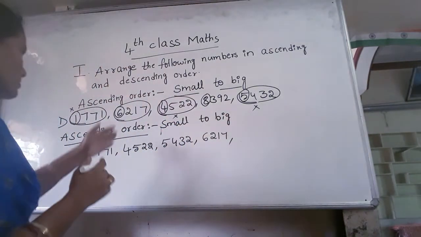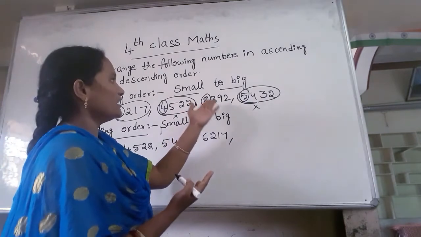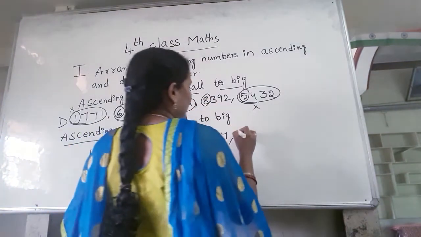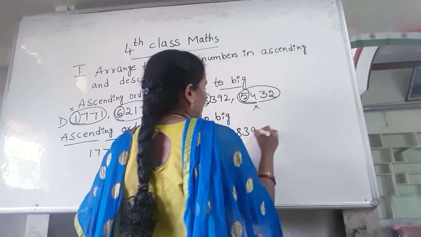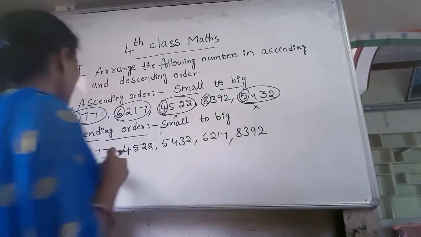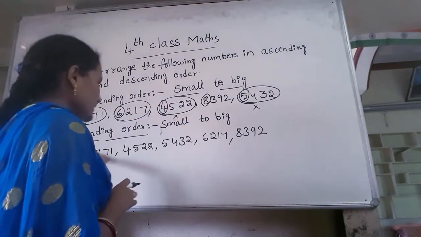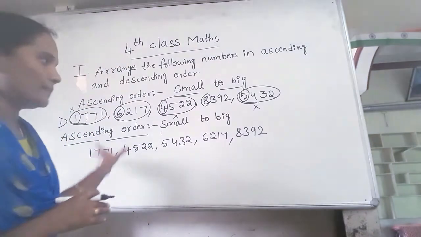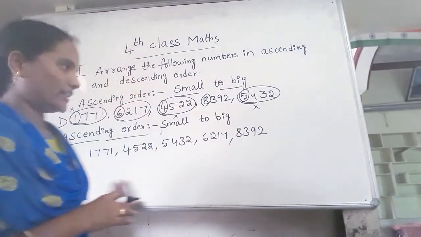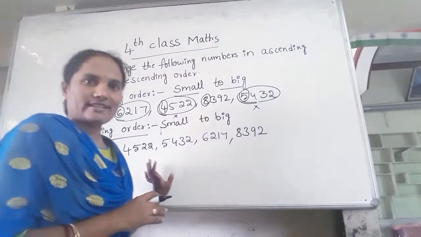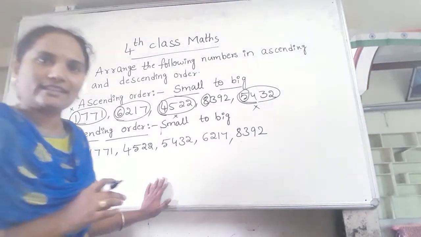Now last is the largest. What is that? 8392. This is our ascending order, small number to big number. You can get an idea about this.